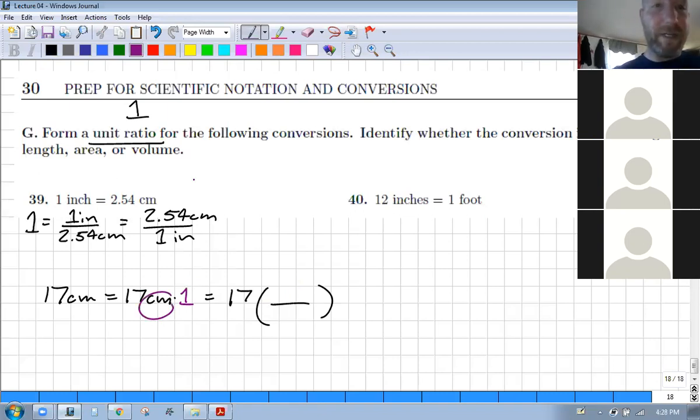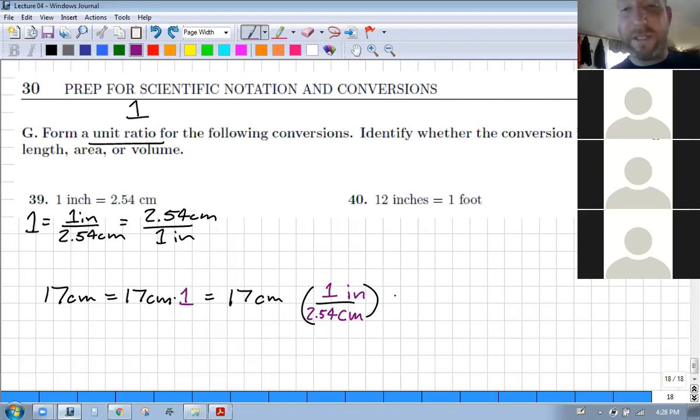We have centimeters and we want to get rid of them, so centimeters go on the bottom. We want to end up with inches. We know that 1 inch is 2.54 centimeters, so this is the number 1.